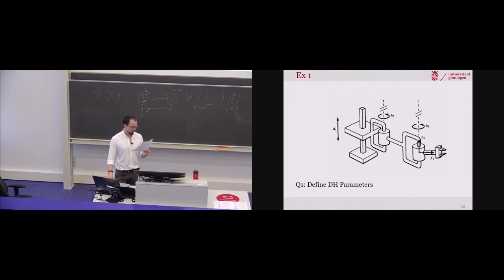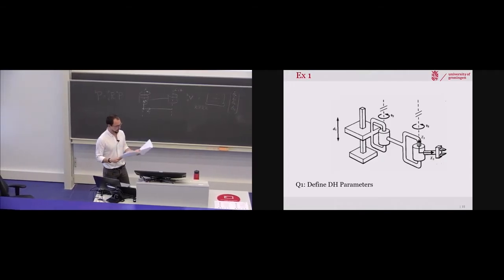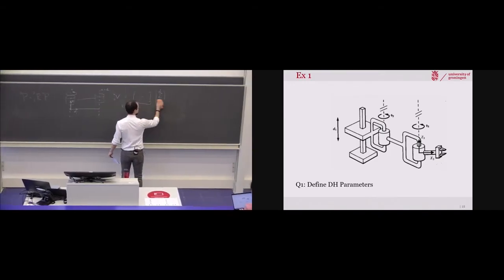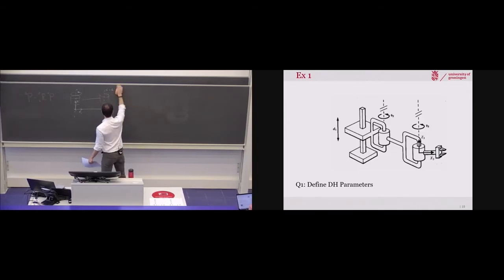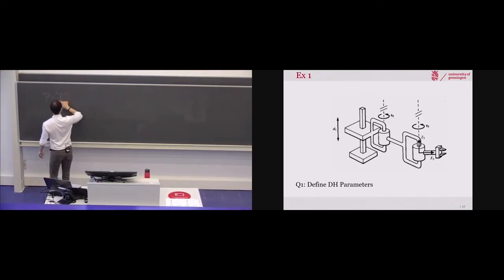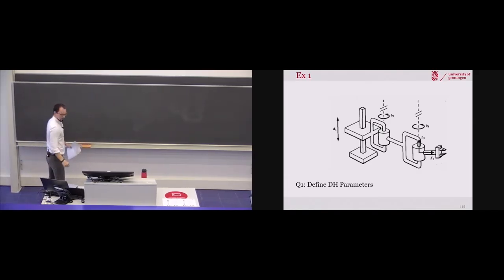Note that frame 3 has been done for you, and your solution should be consistent with the given frame 3. Also include the parameters D1, A1, theta 2, and so on. So, let me erase all this stuff. Okay.